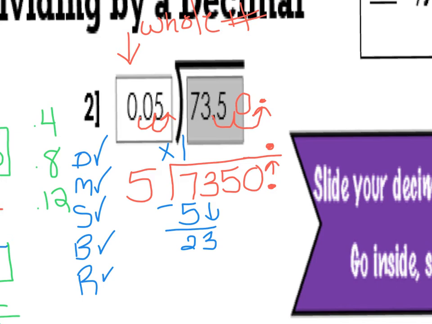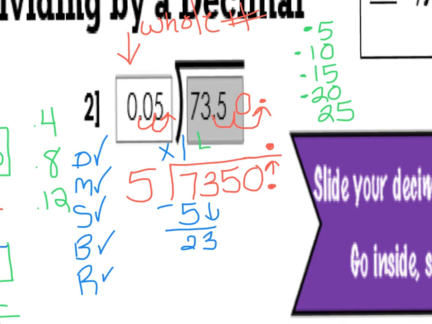So we're going to put 5 into 23. How many 5s are in 23? Let's skip count. 5, 10, 15, 20, 25. Oops, I went too far. So if 25 is bigger than 23, I just want to skip count to 20. Let's see, how many skips is that? 1, 2, 3, 4.